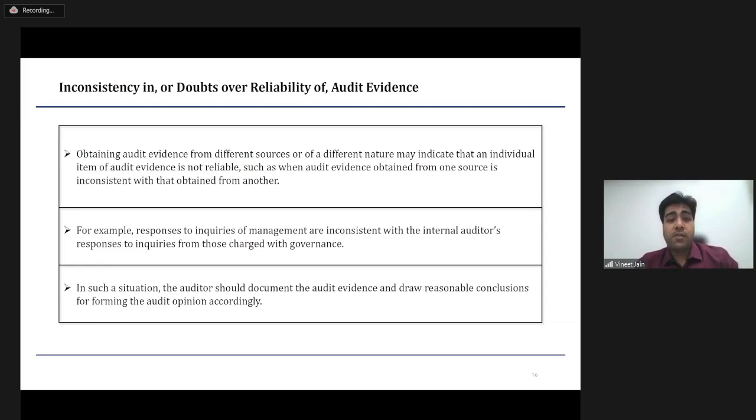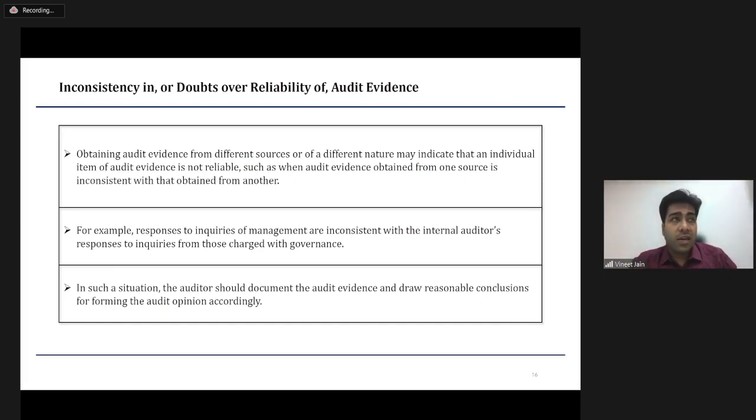For example, when we hold inquiries with the management, based on those responses, the internal auditor's responses or any other documentation provided by the client is inconsistent. So that may raise doubts over the reliability of the audit evidence. In that case, we need to figure out how to document such inconsistencies and draw reasonable conclusions, and on the basis of that we form our audit opinion.